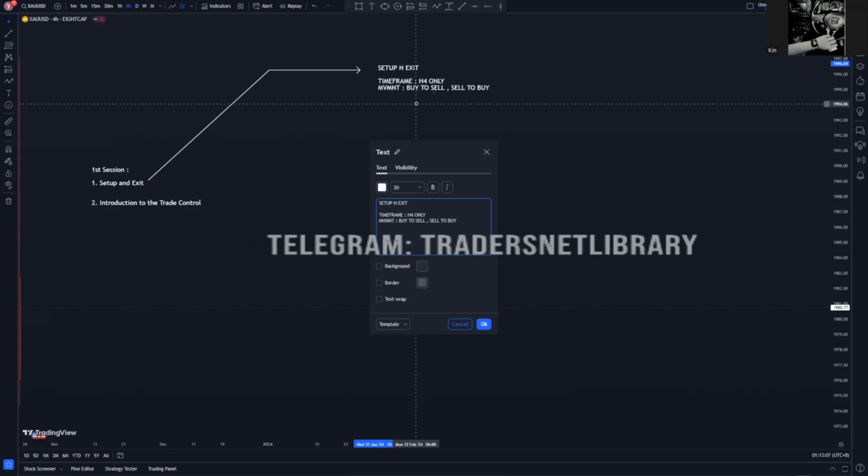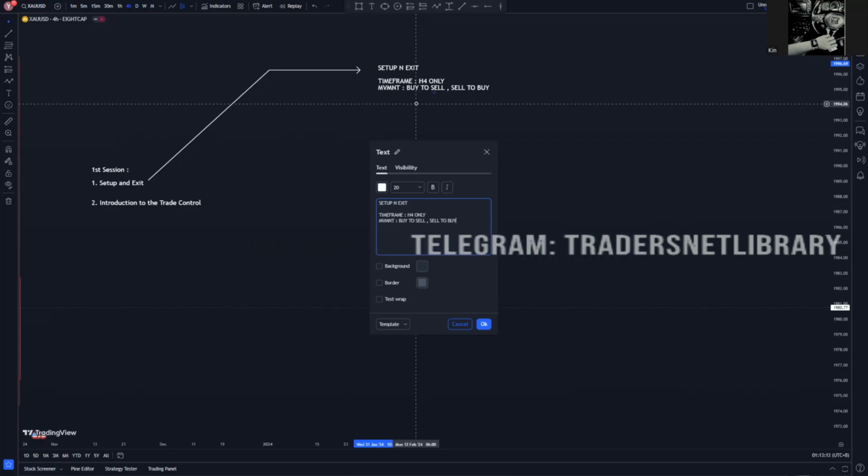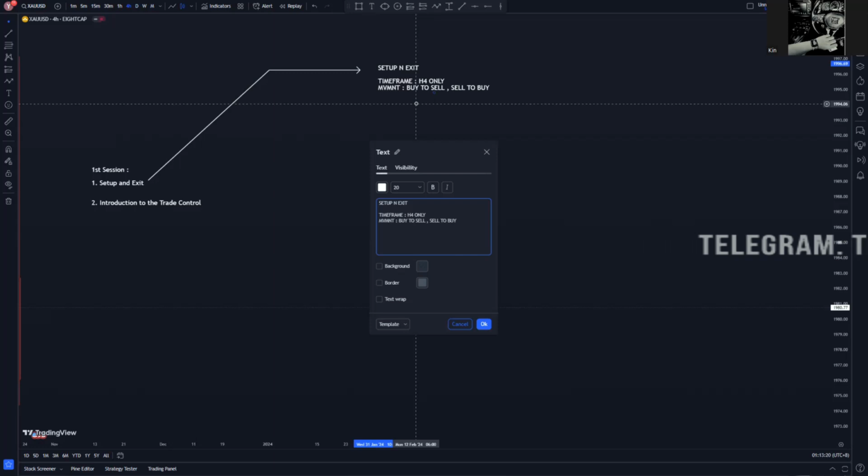Of course, if you are taking a buy on the buy setup, you are going to exit on the sell setup. If you are taking a sell setup, you're going to exit on the buy setup, which keeps on repeating, because the chart moves from buy to sell, then sell to buy, then buy to sell again, sell to buy again.